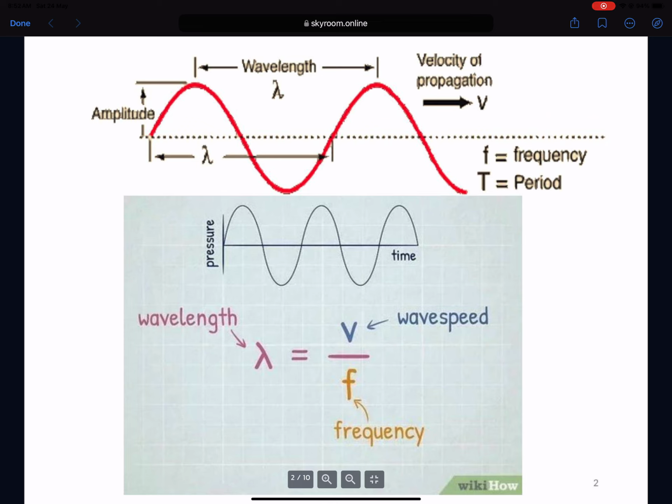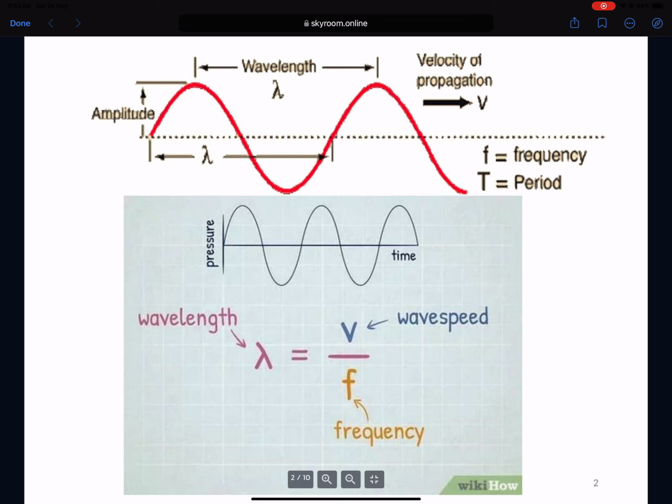Okay. So in this repetition, the distance between each two same points is called wavelength. For example, in this figure, the distance between two peaks, or two same periodic points, is called wavelength.